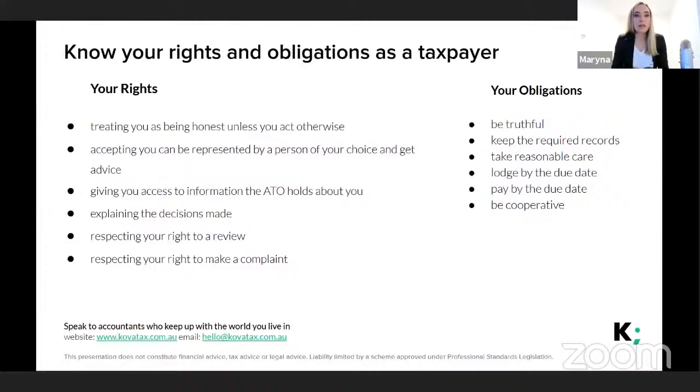And of course, you've probably heard about the Freedom of Information Act. I wonder if you know what it means for you. The Freedom of Information Act gives you an additional right. As a taxpayer, you can request any information that the ATO holds about you. And that can be exciting. It's not for everyone.